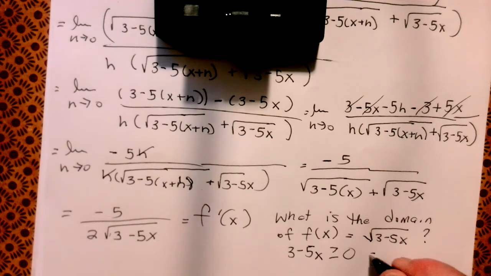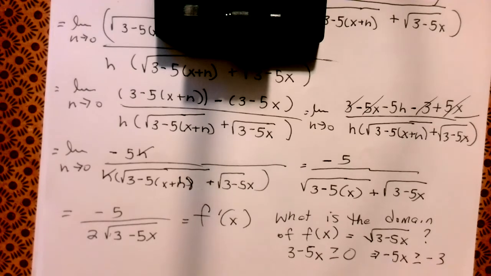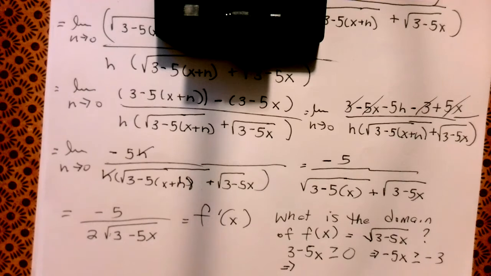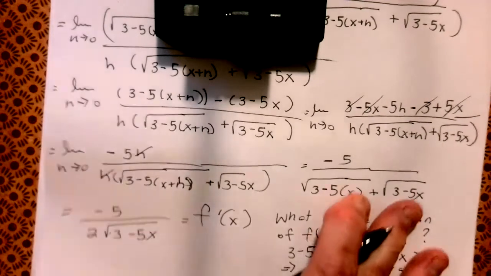So that means that minus 5x has got to be greater than or equal to minus 3, or that means that x has got to be less than or equal to 3/5. Okay, so in interval notation, I'll write down here.